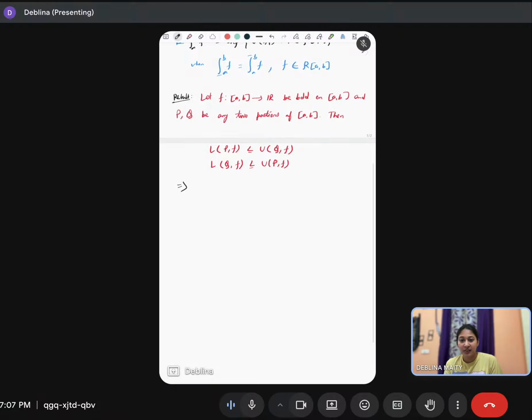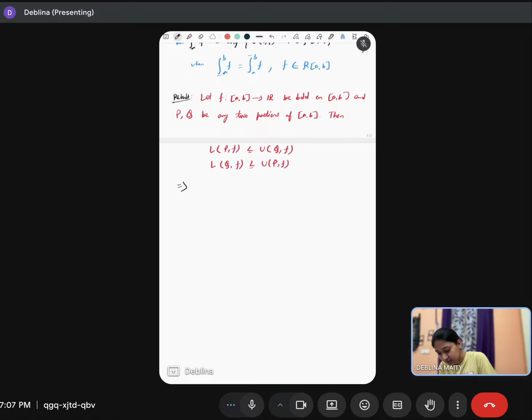In refinement we have seen that when we do a refinement, the lower sum will increase and the upper sum will decrease. So we'll use that property of refinement.